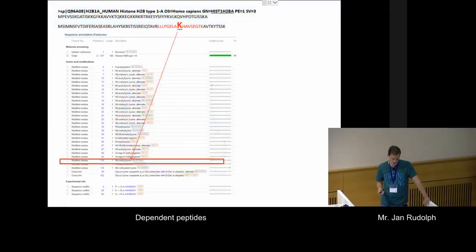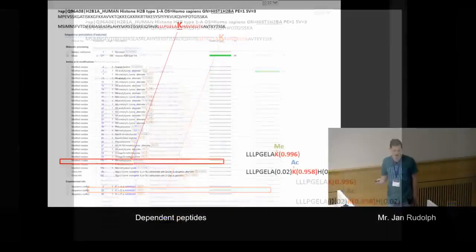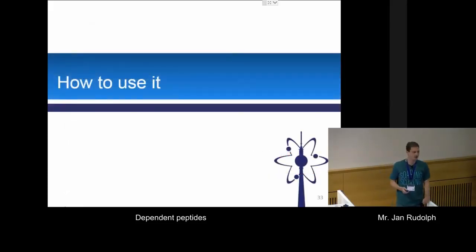So you can go, for example, to UniProt and try to see if the annotated modifications are already there. And for example, this one was already annotated in the data set. But in the very same data set, there was another dependent peptide bearing this acetylation on this lysine that was actually not reported before. So even in routine data sets with dependent peptide search, you might see something that no one's ever reported before. Okay, so I think that's really exciting.